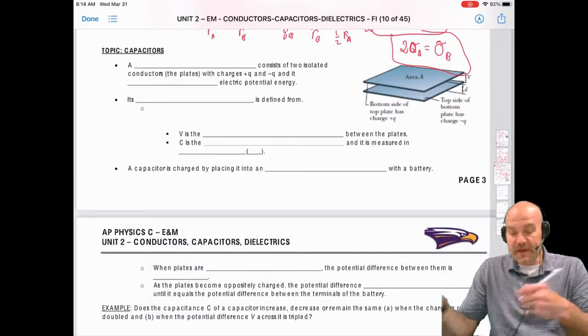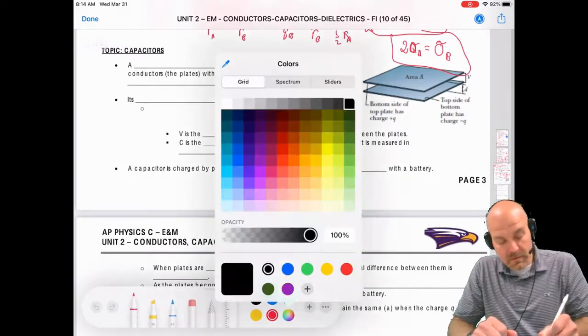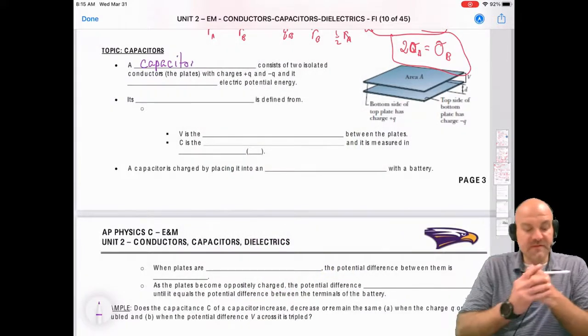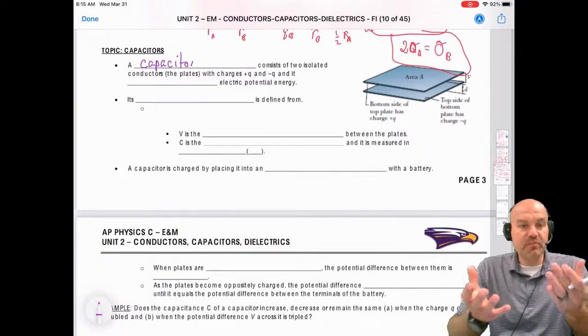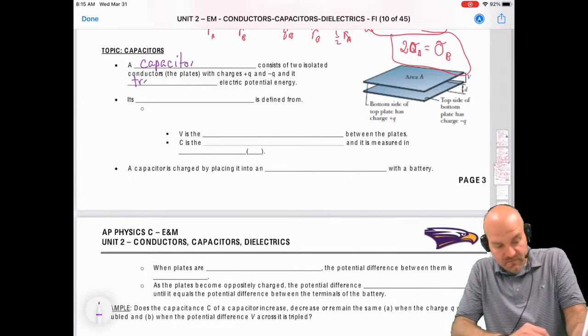So the first thing is that a capacitor consists of two isolated conductors, usually plates, with charges positive Q and negative Q, and it transforms electric potential energy.